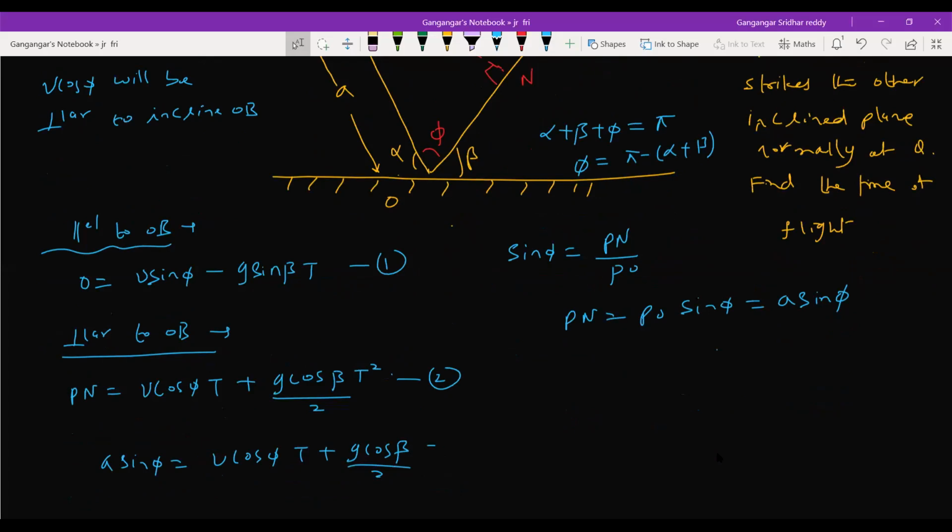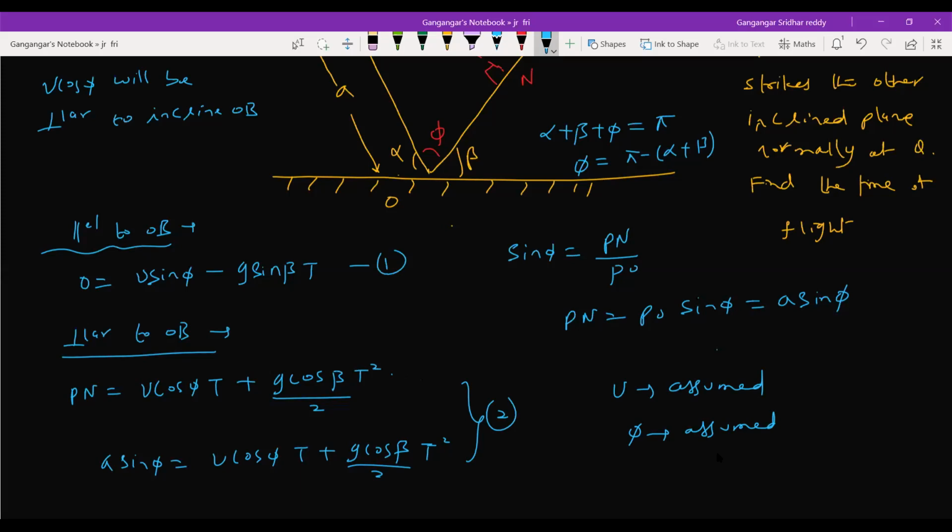Sir, yes, ma'am. From equation 1 only, can't we say the time of flight, sir? You don't know, no? It's an unknown thing, no? I'll write it. U is assumed. Phi is assumed. I should replace them, no? Sir, it is g sin beta t by 2, no, sir, in the first equation.